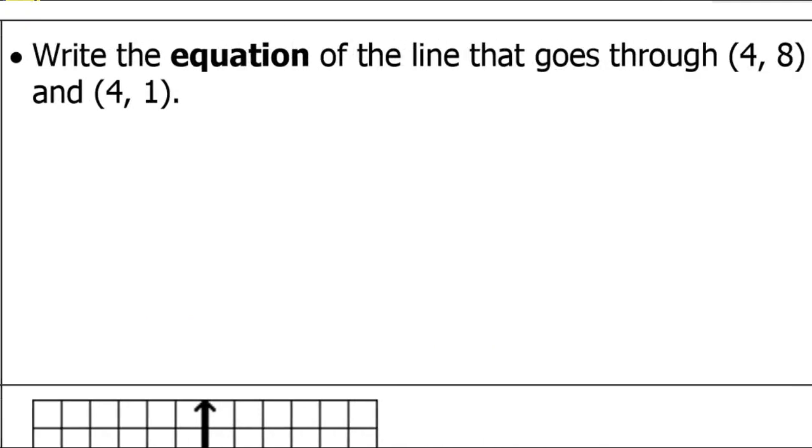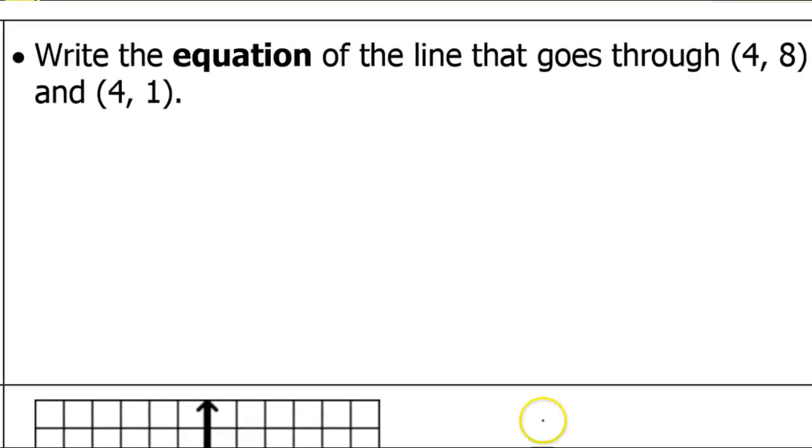So the last question is problem number 4B. Now, I'm going to go through this problem, but let me give you a little bit of background information. Horizontal line compared with vertical line.